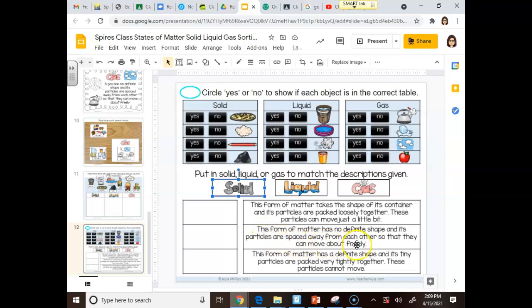This form of matter has no definite shape, and its particles are spaced away from each other so that they can move about freely. And the last one says this form of matter has a definite shape, and its tiny particles are packed very tightly together. These particles cannot move. So you'll sort the words solid, liquid, and gas here.